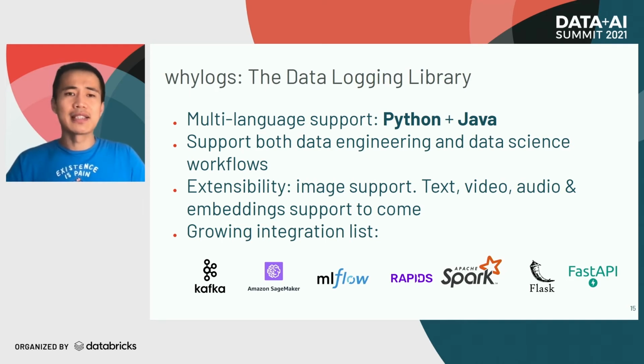Whylogs is meant to be a drop-in library, similar to how people interact with Log4j in Java or the Python logger in Python. But instead of focusing on program or application logging, we focus on data logging.